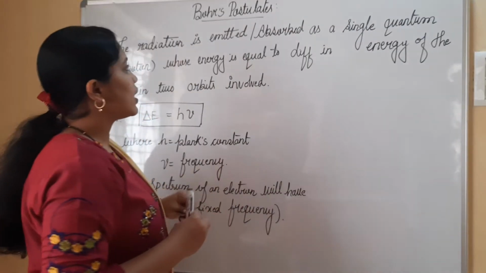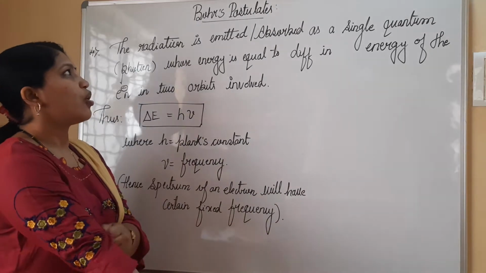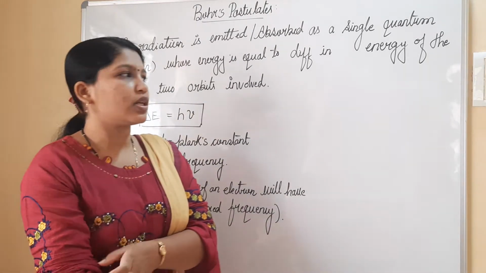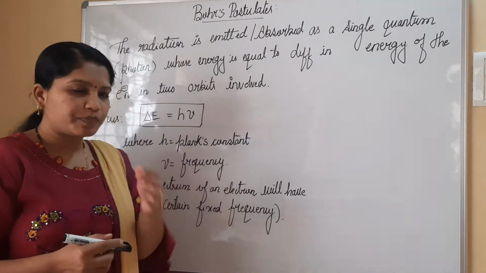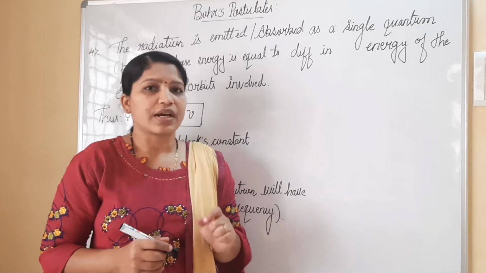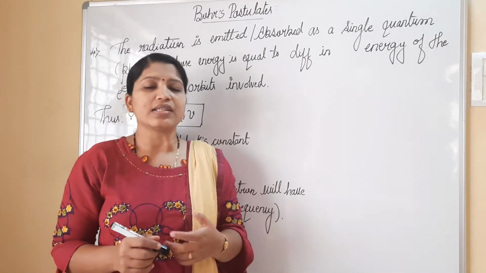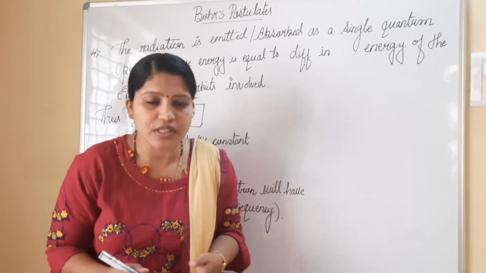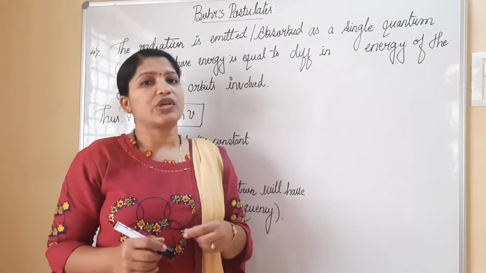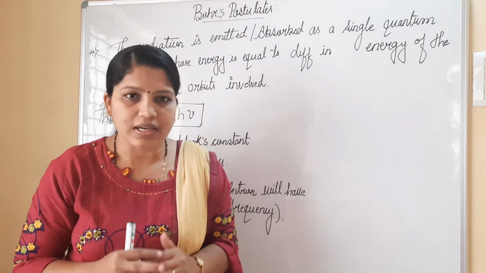Now today we will continue with the fourth postulate of Bohr. He has given certain postulates with respect to an atom. And one more thing I have defined: an atom is a kind of tiny particle which cannot be seen by our naked eyes, and it is not further divisible. This concept was given by Dalton, and right now we do not have any study regarding Dalton.